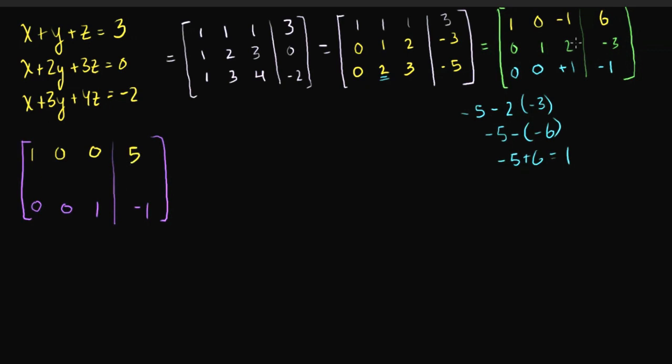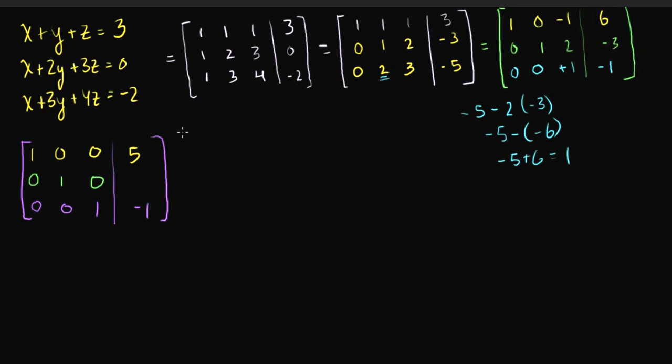Now I want to zero this row out. And to zero this row out, what I can do is I'll replace it with the second row minus 2 times the first row. Right? So 0 minus 2 times 0 is just 0. 1 minus 2 times 0 is just 1. 2 minus 2 times 1 is 0. Minus 3 minus 2 times negative 1.